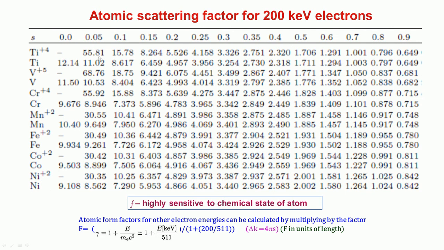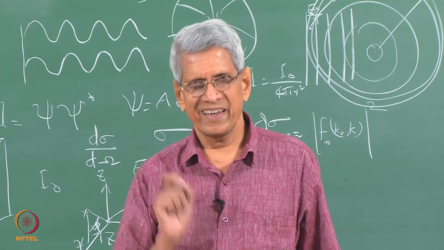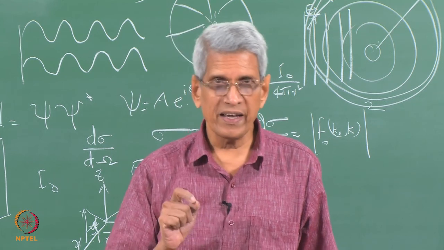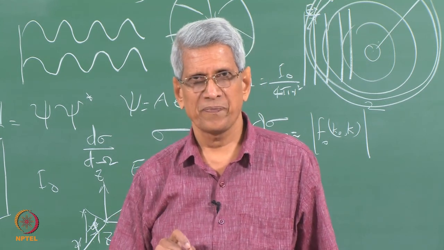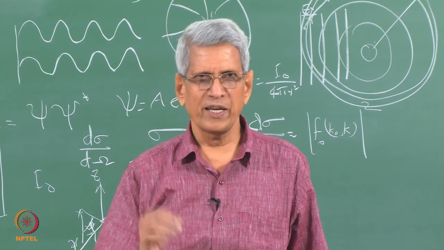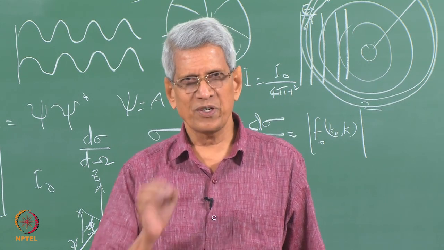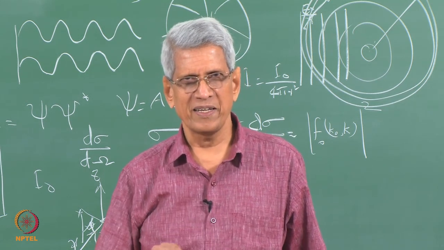The effect of this is going to be reflected in the intensity of the diffraction peaks. This could be used to identify which chemical state it is in. If one tries to quantitatively determine the electron intensity, we can do that.